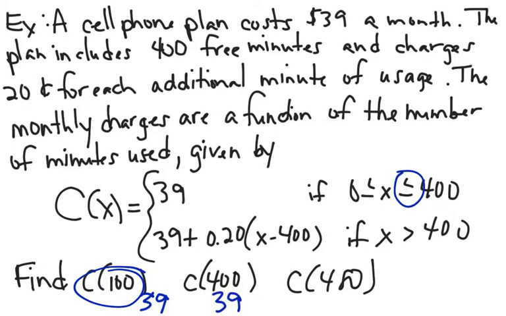It's only when x is greater than 400 do we plug into the second one. Well, C of 480 says that's more than 400. So to plug that in, you're going to do 39 plus 0.20 times (480 minus 400). So that's going to multiply 80 times 0.20 and then add 39. And you're going to get 55.